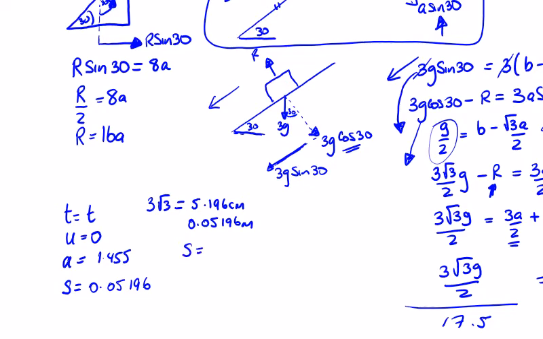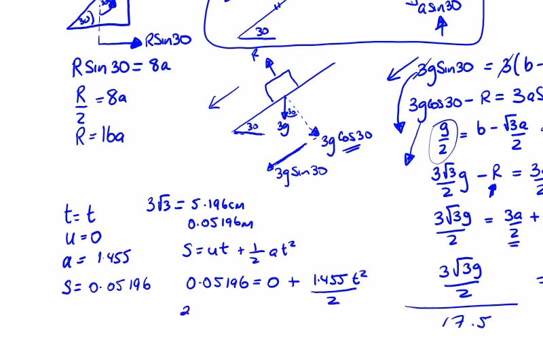S is equal to ut, these are the variables we have, plus a half at squared. So 0.05196 is equal to 0 plus 1.455 t squared over 2.